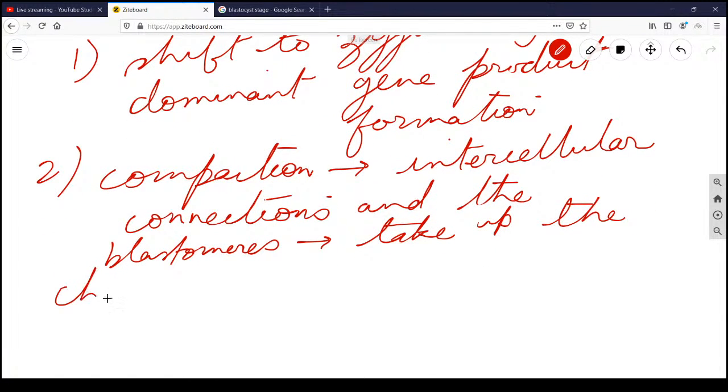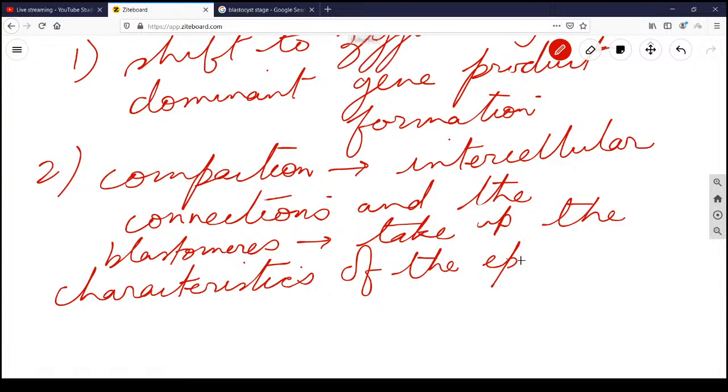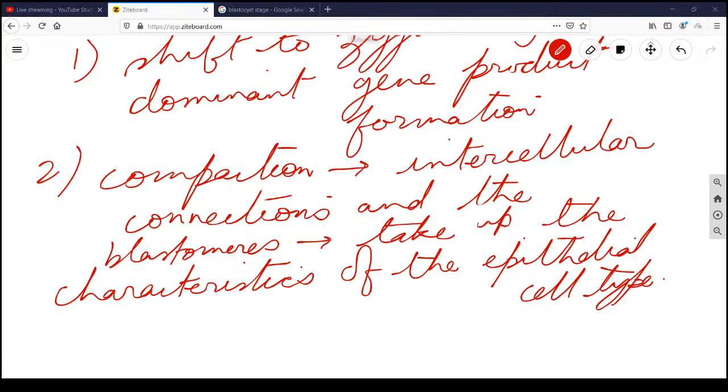the characteristics of the epithelial cell type. Okay, now what happens is, the third event which happens is the polarization of individual blastomeres.